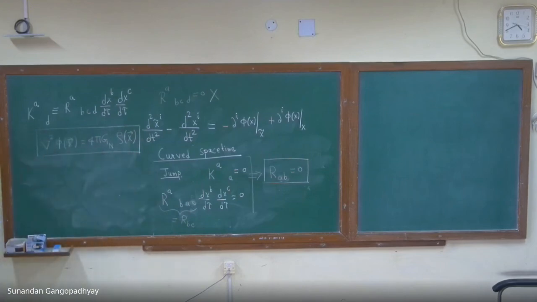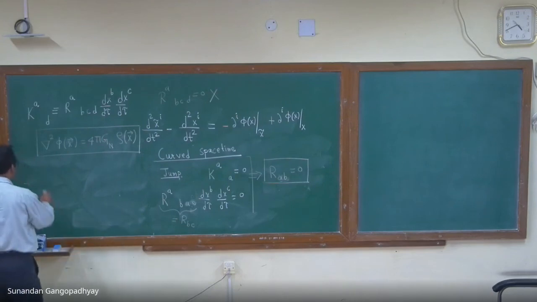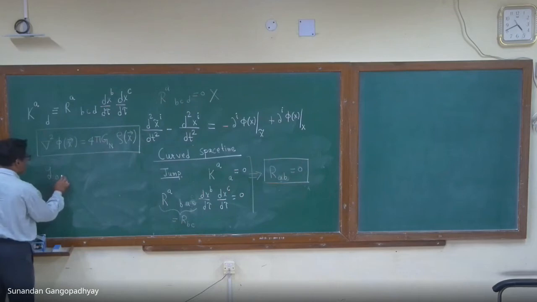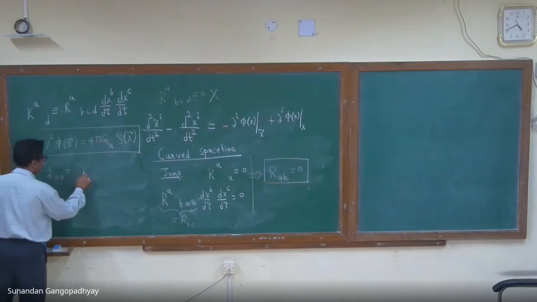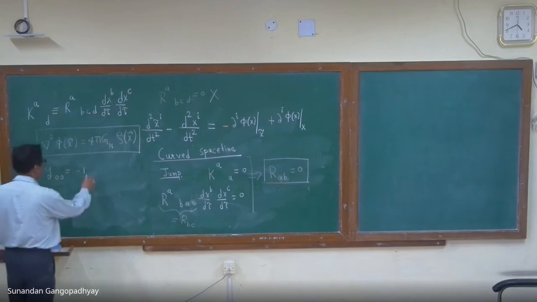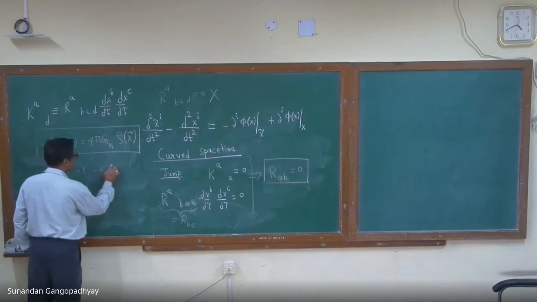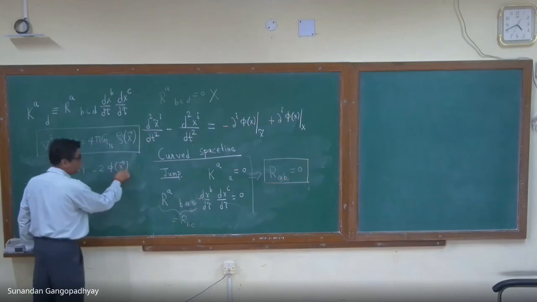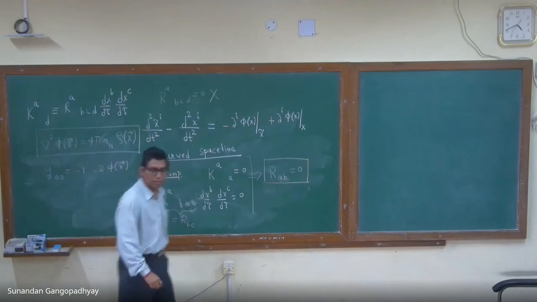And we also know from our previous discussion that since g_ab describes the gravitational field, g_00 is equal to 1 minus 2 phi of x. Remember this? When we described the gravitational redshift, we derived this.